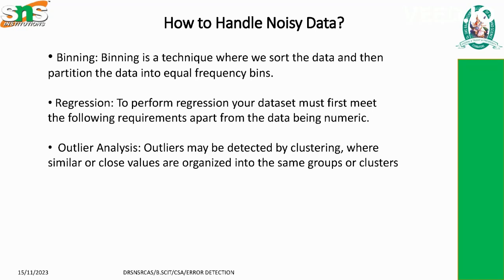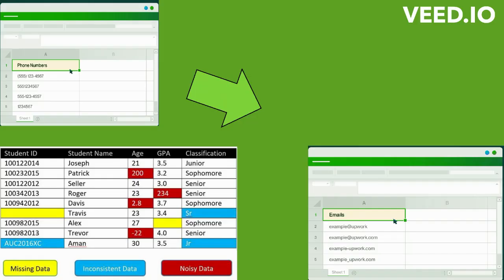Now I'll give an example. Let us look into a database. This is a student database. In it we have student id, student name, age, cgpa and classification. This is a database which contains all these records.